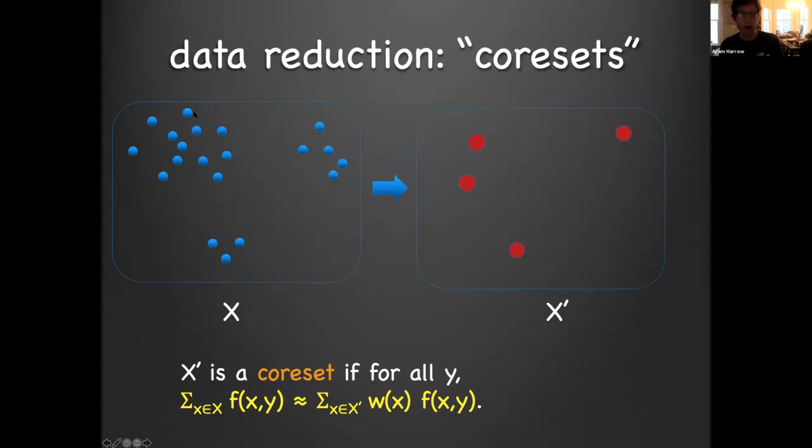So in a setting like this, where you have a big cluster and some small clusters, you don't want to choose X prime by uniform sampling, because then you'll just miss the small clusters. So you want to boost the probability of these small clusters, right? You want to make sure that you hit the small clusters just as much as the big ones. But you don't want your model to get confused about the relative importance of those small clusters.